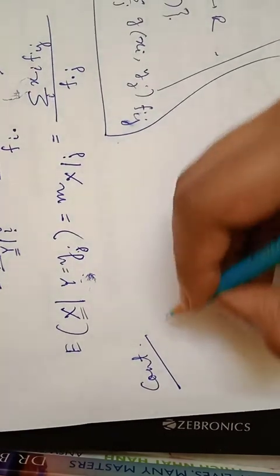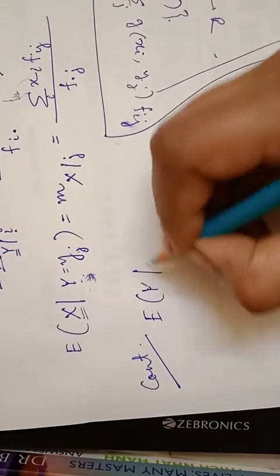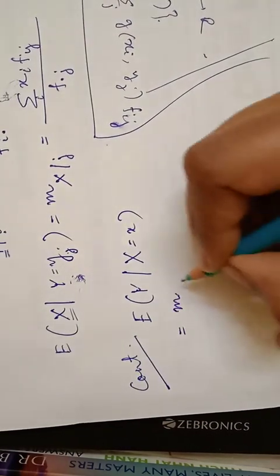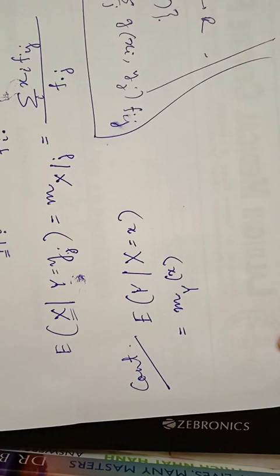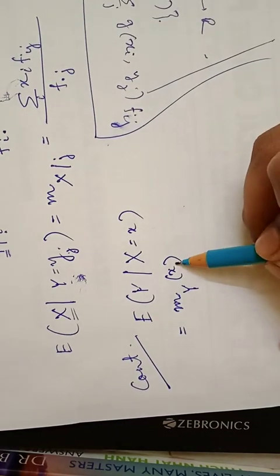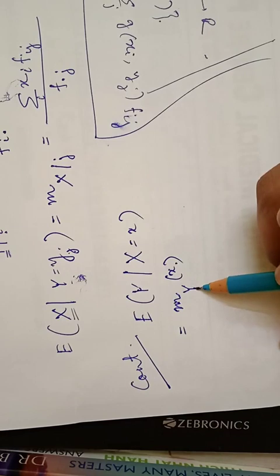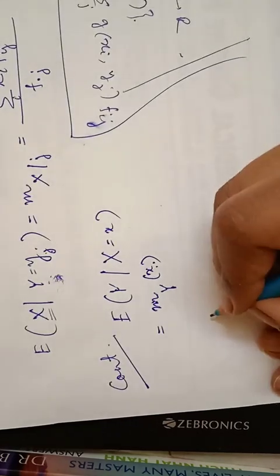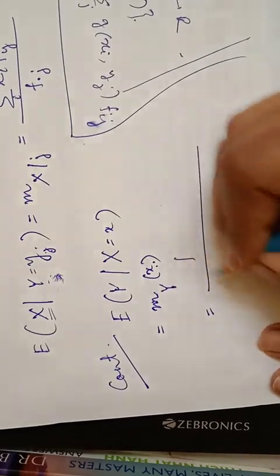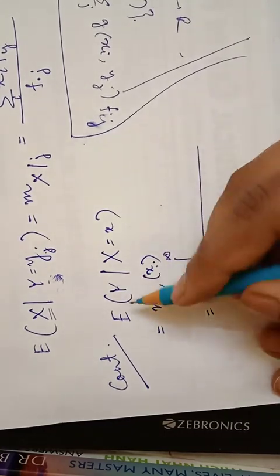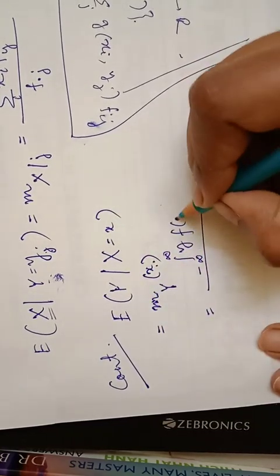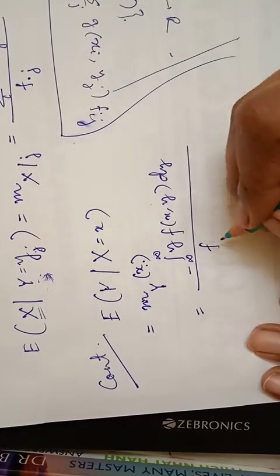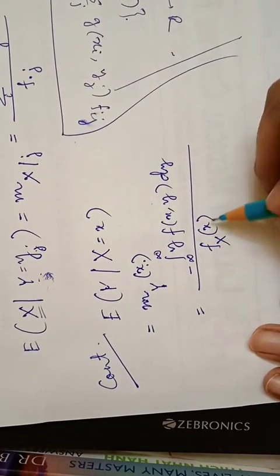Then the expectation of y when x equals to x has already occurred will be denoted by m_y(x). So m suffix y in bracket x means expectation of the random variable y when x equals to x has already occurred, and it is defined by integration from minus infinity to infinity of y f of x comma y, the joint probability density function, dy, divided by the marginal probability density function of x.